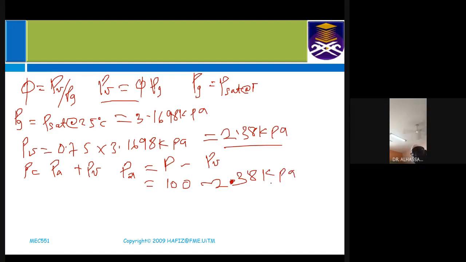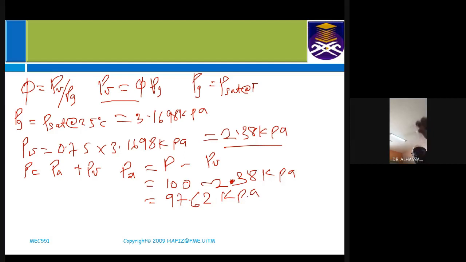So if you calculate this carefully, then you will get 90-something kilopascal. So that gives us 97.62 kPa.